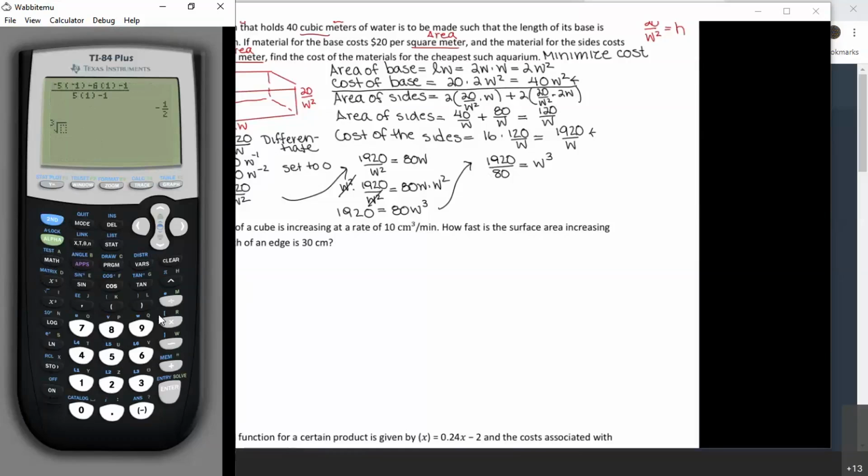Cube root of, and then you can put parentheses, or you can even use your alpha y equals 1920. Okay, so I'm getting about 1.33.